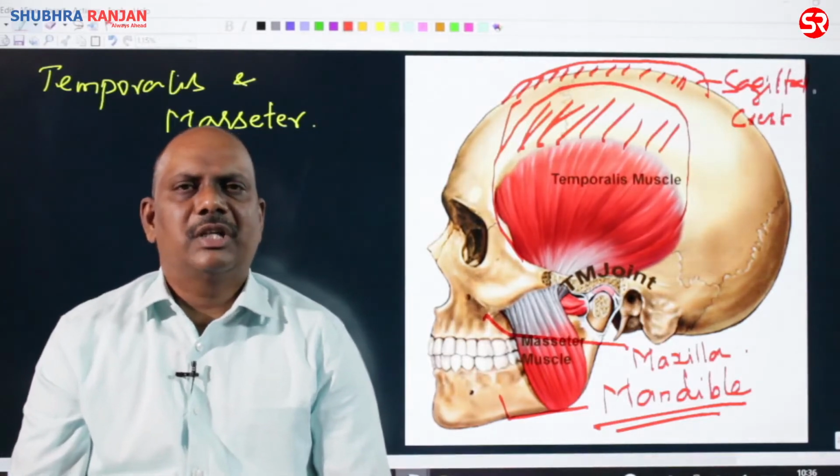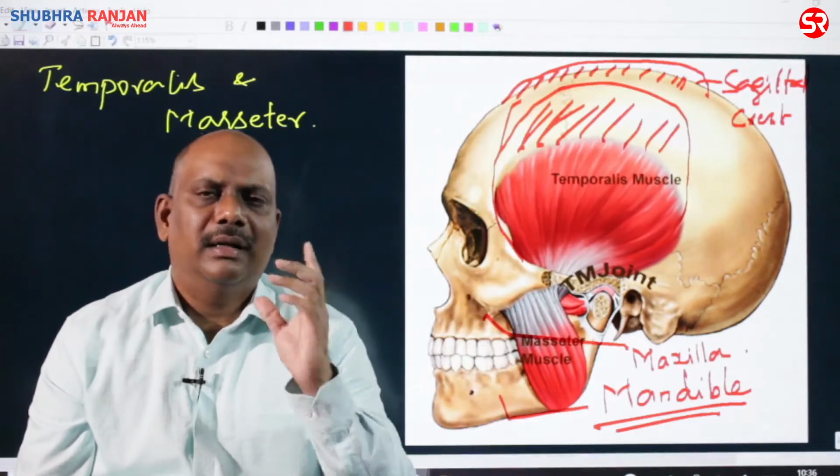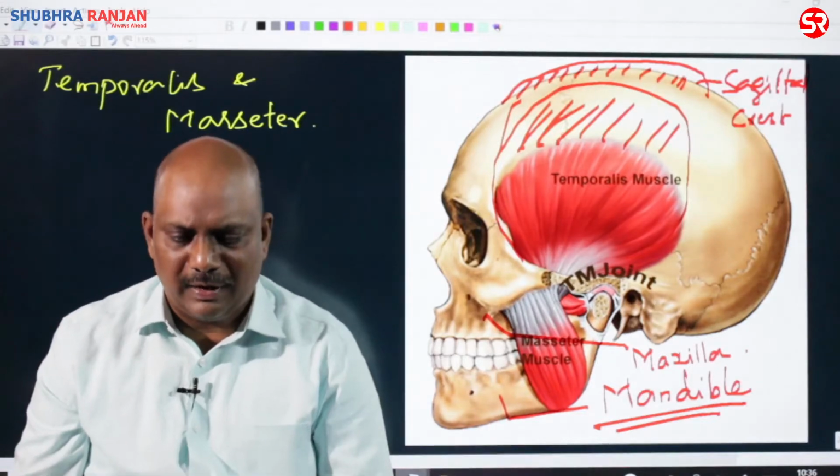So sagittal crust, right, it provided some attachment area for these muscles. So I'll tell you what you mean by an attachment area.